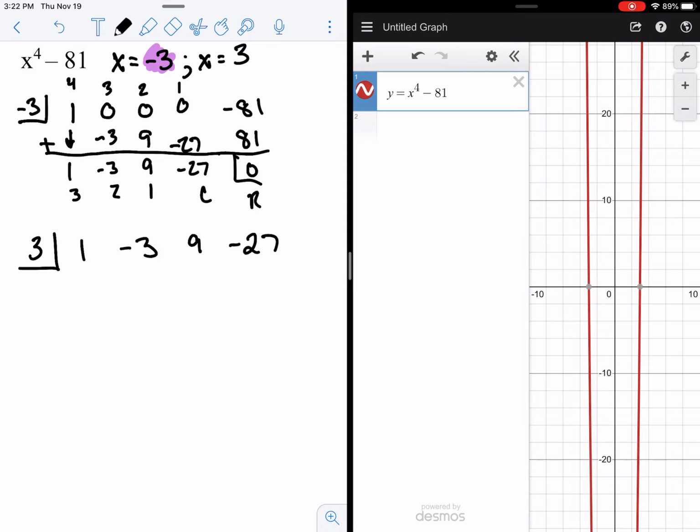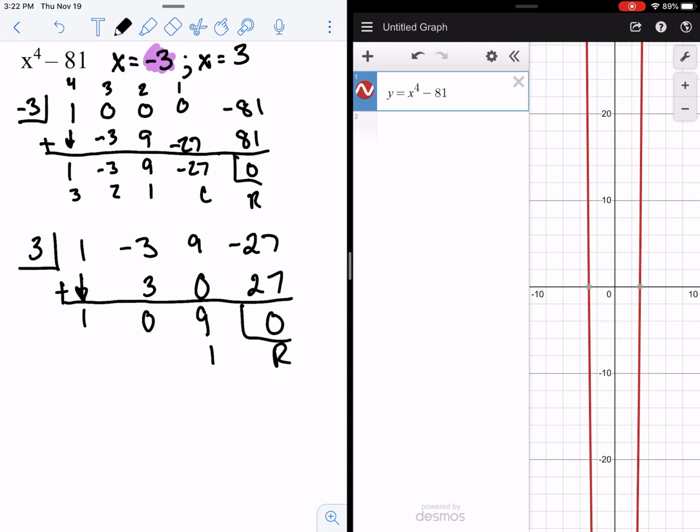I'm not going to use 0 here because it was my remainder. It was what was left over. I'm going to synthetically divide again. Bring it down. 1 times 3 is 3. I add them. That cancels. That's 0. Adds the 9. Multiplies to 27. 0. This is my remainder. This is my constant. Degree of 1.